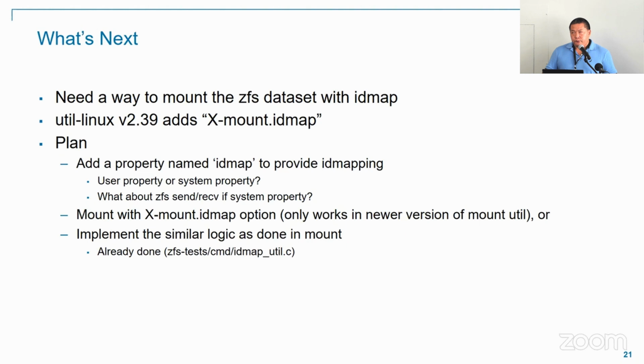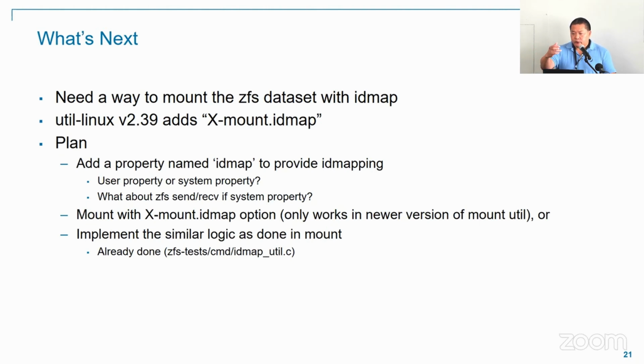So in case of changing the Idmap, what needs to be done? You have to unmount twice, basically. You already have the Idmapped mount, and you cannot simply change the Idmap information from one to another.